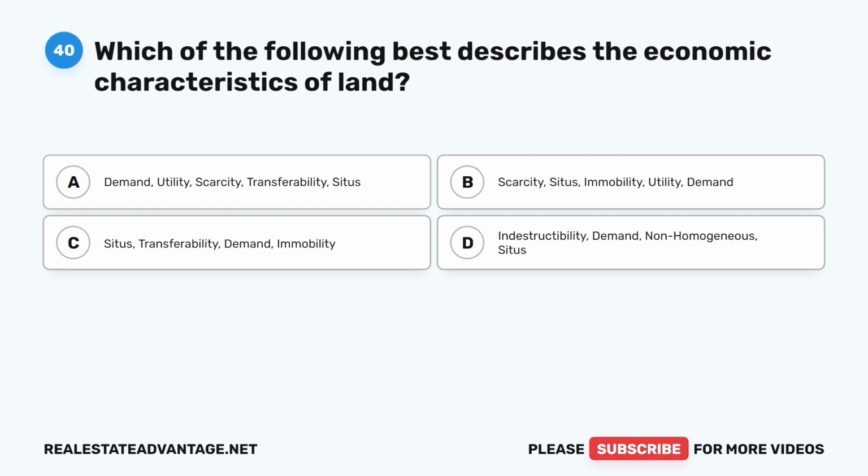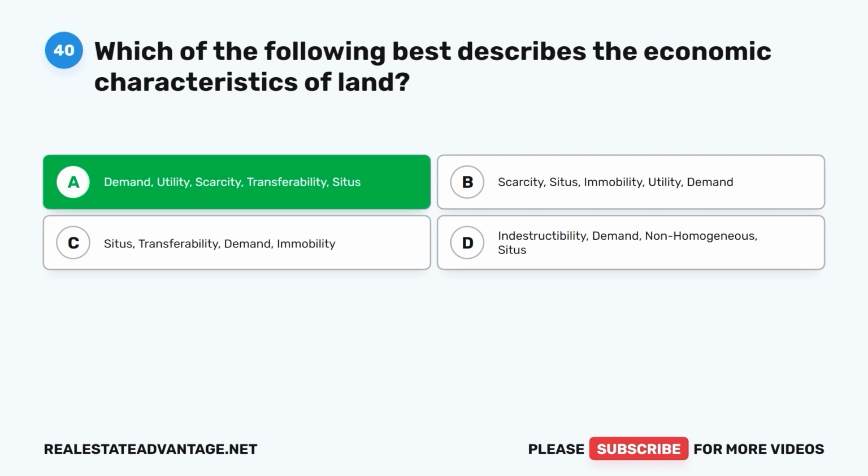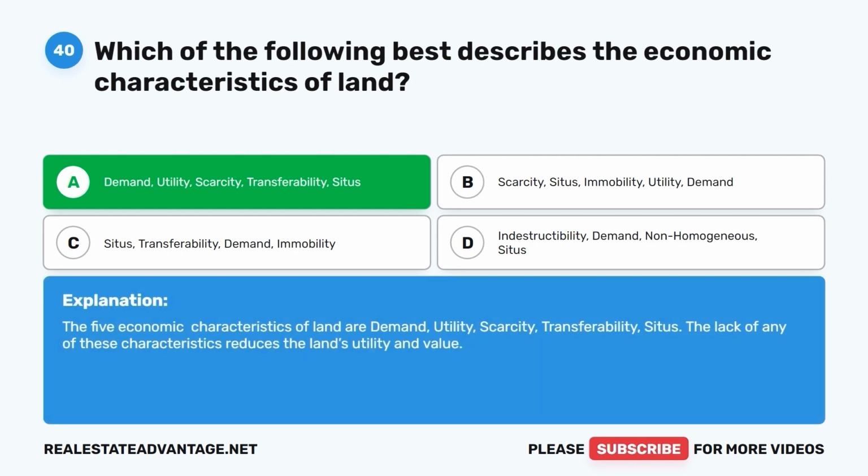D. Indestructibility, demand, non-homogeneous, situs. The correct answer is A: demand, utility, scarcity, transferability, situs. The five economic characteristics of land are demand, utility, scarcity, transferability, situs. The lack of any of these characteristics reduces the land's utility and value.